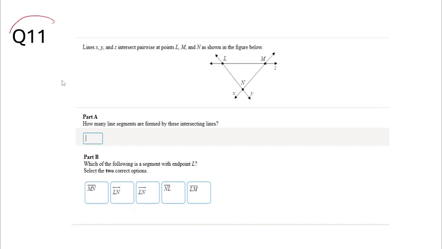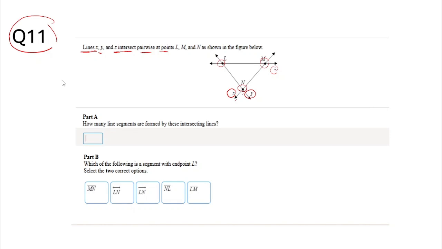Okay, question number 11. Let's see here. Say lines X, Y, and Z. This is line X. This is line Y. And this is line Z. Intersect pairwise at points L, M, N, as shown in the figure below.